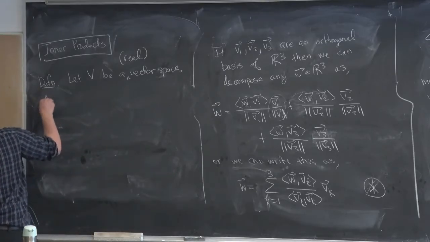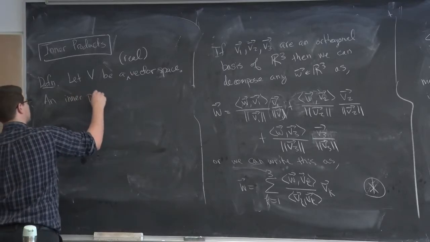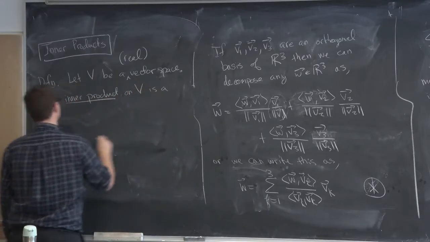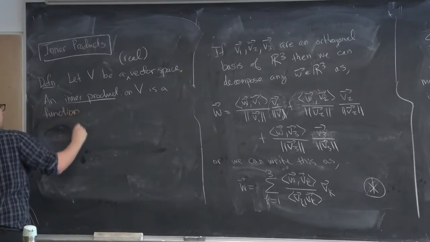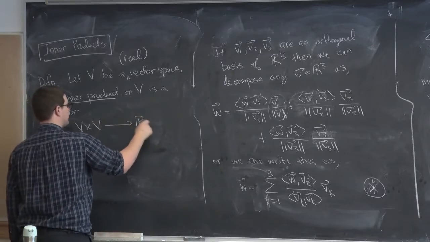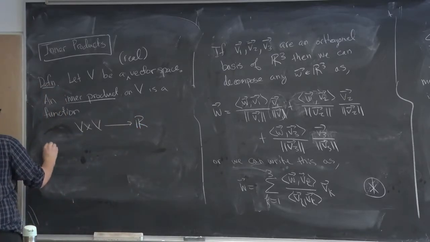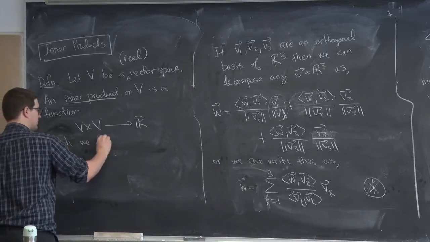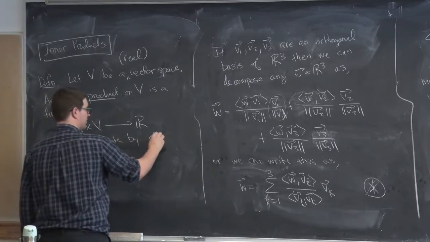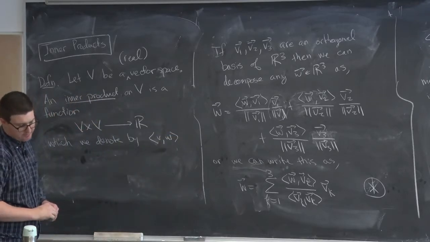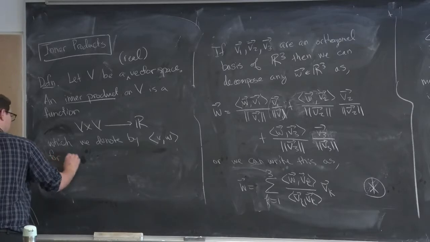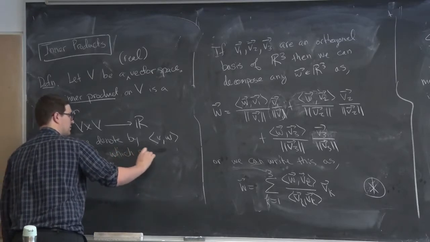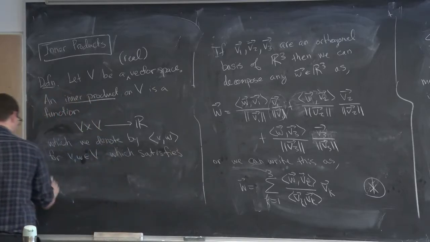An inner product on V is a function from pairs into the real numbers, and we denote it by this thing, V W. I'm going to omit the hats now. It satisfies the following axioms.